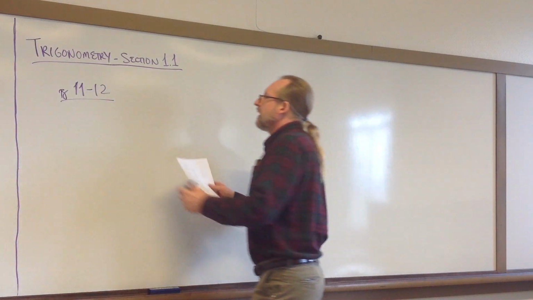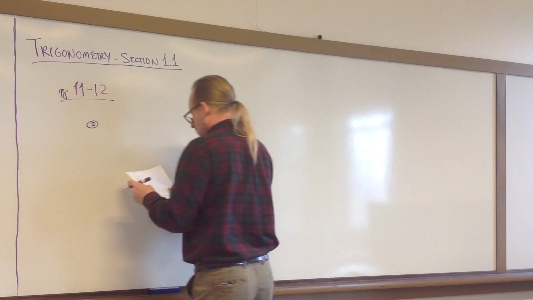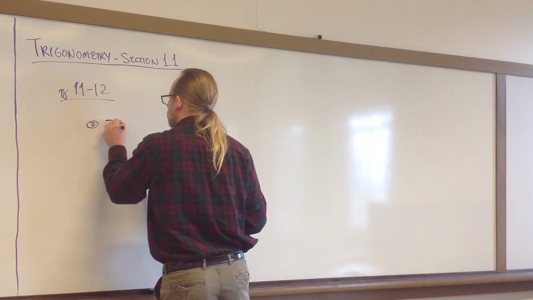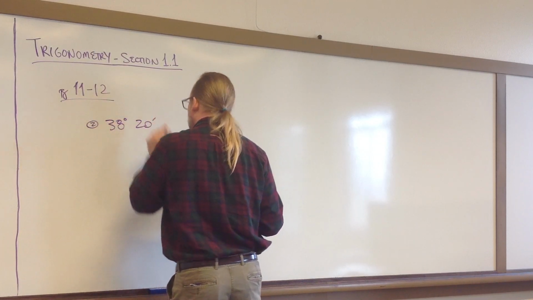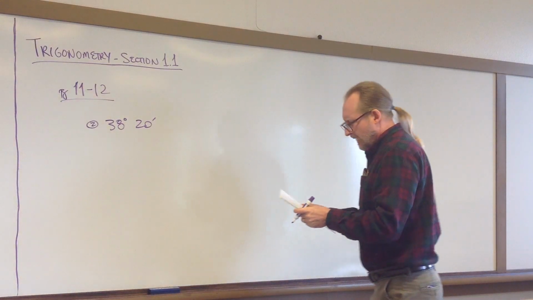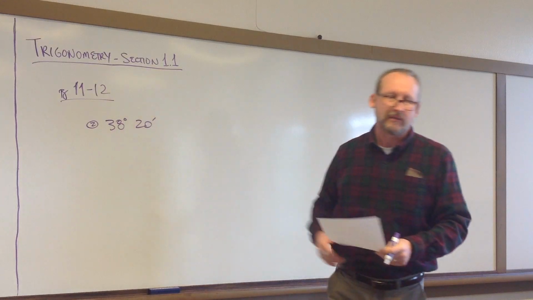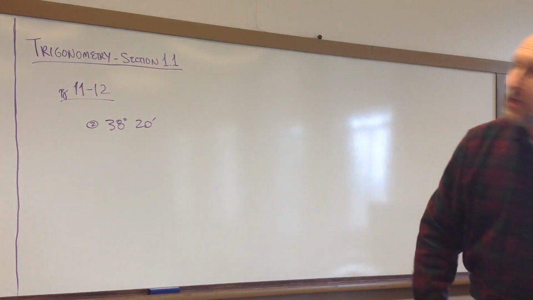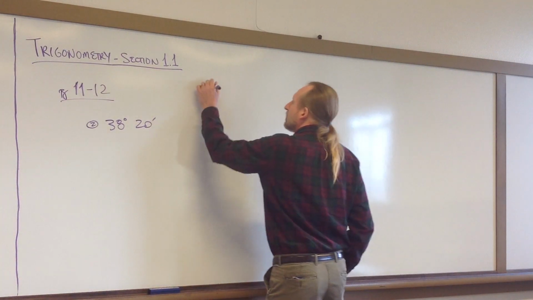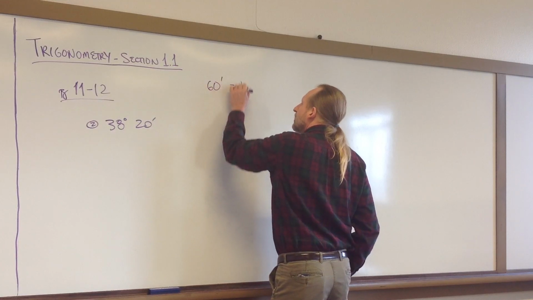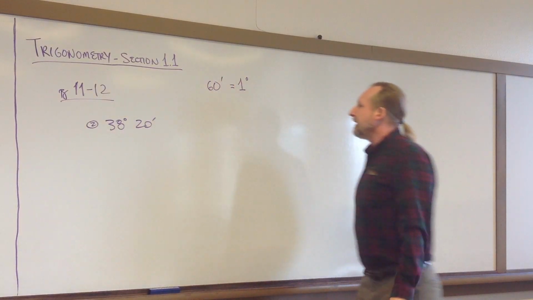Okay, so in problem 2, we want to take the angle 38 degrees and 20 minutes, and convert this into decimal degrees, 38 point something. Well, we know that 60 minutes equals 1 degree.